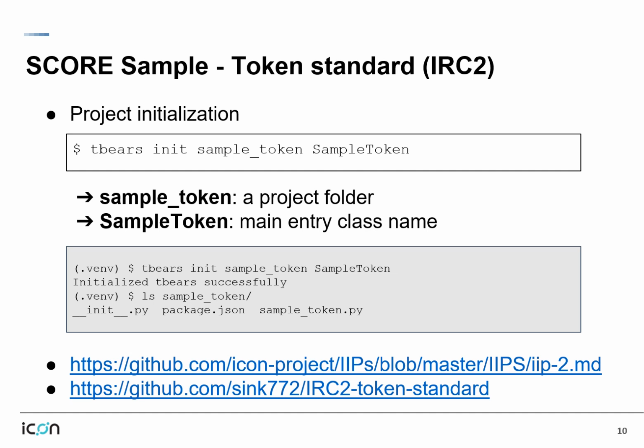If you issue the project initialization command, a project folder named sample_token will be created, and __init__.py, package.json, and sample_token.py are also generated in the folder. sample_token.py has the main class declaration with the name SampleToken. You need to fill in the actual implementation of the SampleToken class afterward. You can refer to the complete implementation of SampleToken at the GitHub repository.